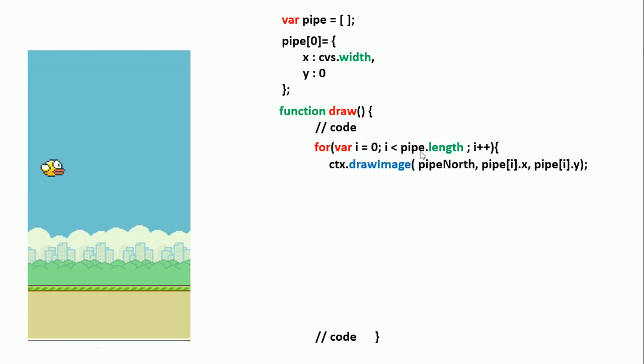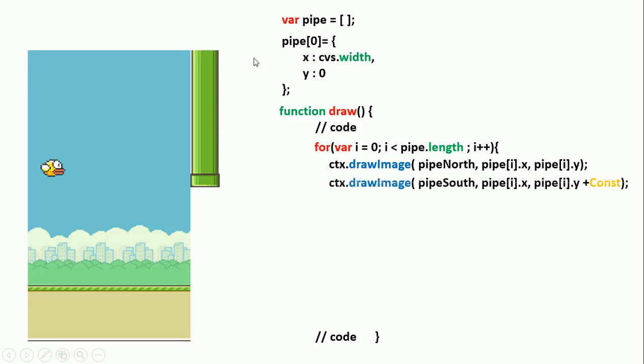We will draw the pipe north, and its position is pipe[i].x, and its Y position is this. So we get, for example, the pipe north right here, because pipe[0].x has this X position, and pipe[0].y will have a 0 position. And the pipe south could be right here.